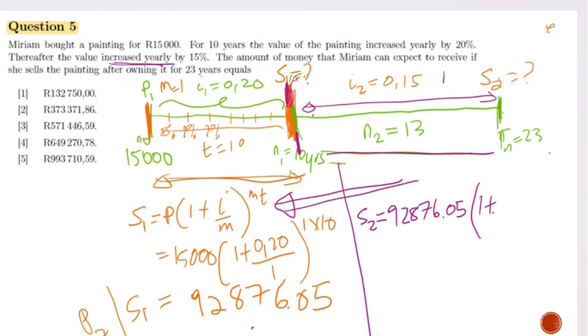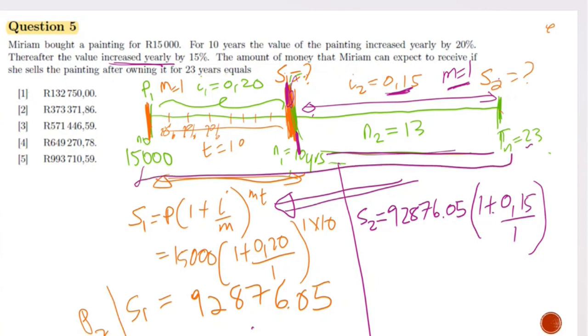So your interest rate here is 0,15 divided by M, which is 1, to the power. You've got your time here is not 23. It's only for 13 years. The whole period from zero to here is 23 years, but you are looking at this period.